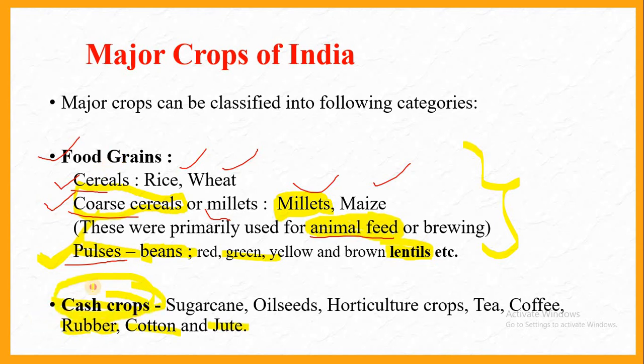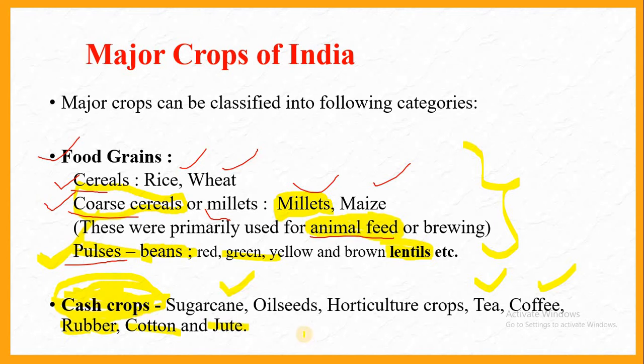They are very rich in revenues. Another example for cash crops is some of the food crops such as sugarcane, coffee, tea. These are all food crops, but they are also called cash crops. Do you understand? There are food crops and non-food crops. There are cash crops or commercial crops, and subsistence crops.